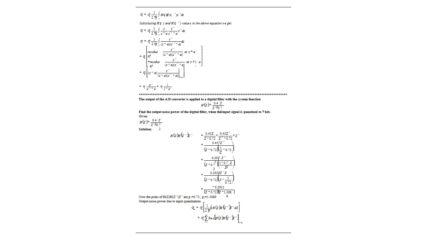That is sigma e squared into summation i equal to 1 to n residue of h of z h of z inverse z inverse at z equal to pi. Here p1, p2 up to pn are the poles of h of z inverse that lie inside the unit circle in the z plane. So at last we will get the sigma e naught squared value as 0.420 into sigma e squared.